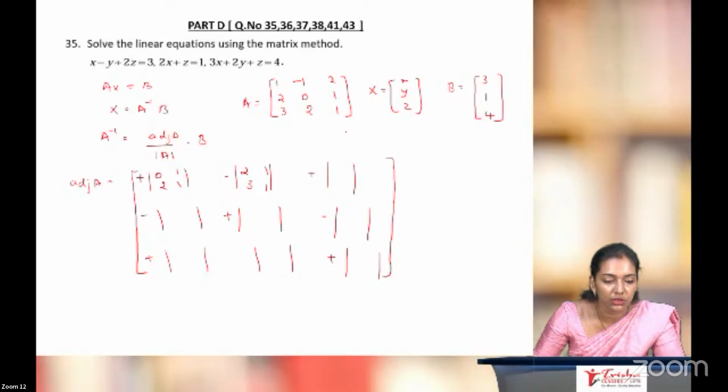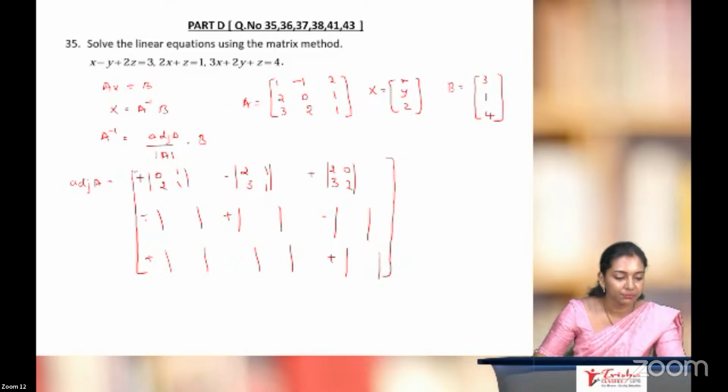So 2, 0, 3, 2. Next, for the second row, delete the row and column in which it is present. So minus 1, 2, 2, 1. Next is 1, 2, 3, 1.